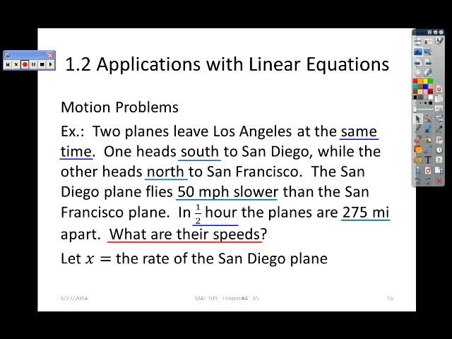The San Diego plane is slower, right? San Diego plane slower. So that's the smaller number. So I'm going to let my variable be that speed. So how fast is the other one, the San Francisco plane, going? Well, how would you represent it? What's the expression to represent that speed?